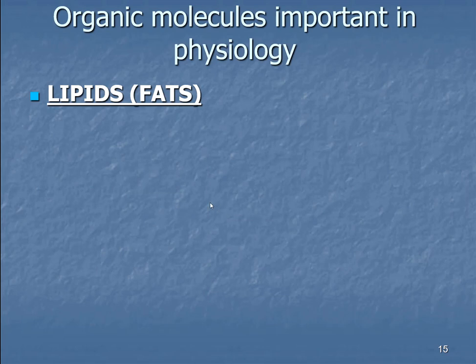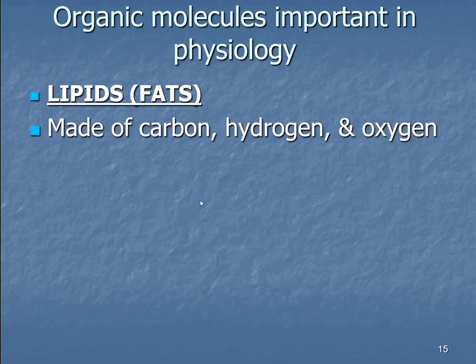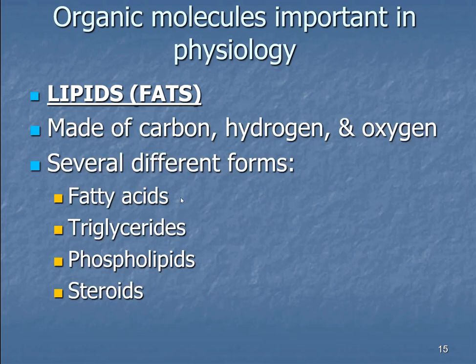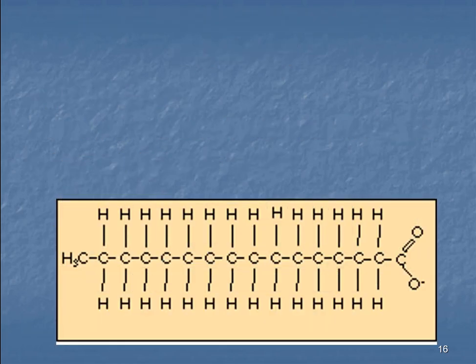All right, moving on to fats or lipids, also made of carbon, hydrogen, and oxygen, in different forms. What we're probably going to see the most of in here, we'll see a little bit of fatty acids, triglycerides. When we talk about the cell membrane, lots of phospholipids, and then steroids also. Steroids have a variety of roles in the human body, including key components of the cell membrane, but also they serve as hormones.